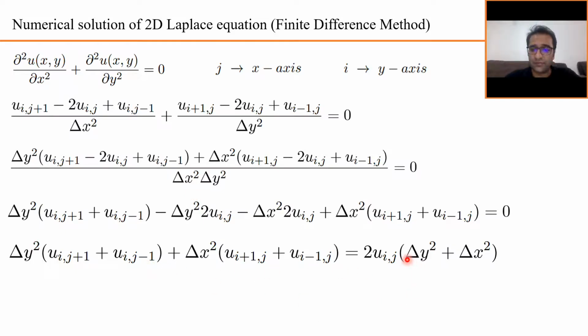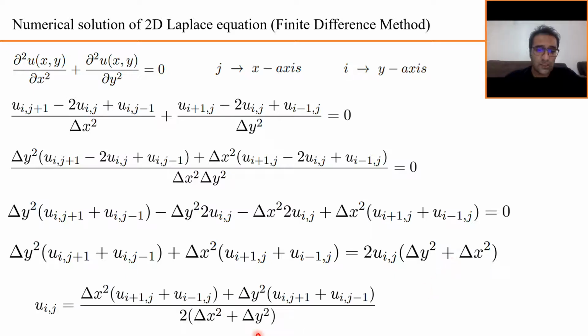And if I divide both sides of the equation by 2 times delta y square plus delta x square, what I have is u_ij equal to delta x square multiplied by u_i+1,j plus u_i-1,j plus delta y square multiplied by u_i,j+1 plus u_i,j-1, divided by 2 times delta x square plus delta y square, right?